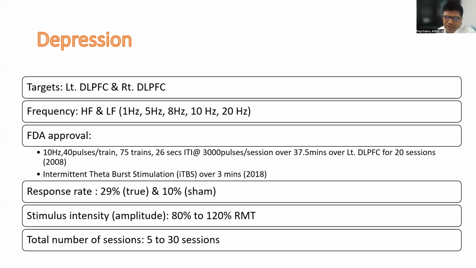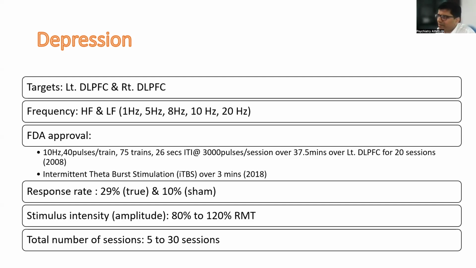So resting motor threshold, we have already discussed that for a given individual, you need to identify the resting motor threshold. Suppose you identified the resting motor threshold in my brain and you identify it to be 50. 50% of the output, that is 50 amplitude. My resting motor threshold is 50, which corresponds to 100% of my resting motor threshold.